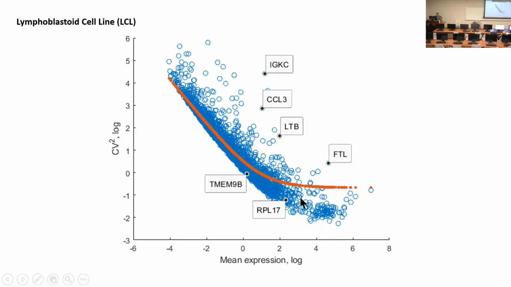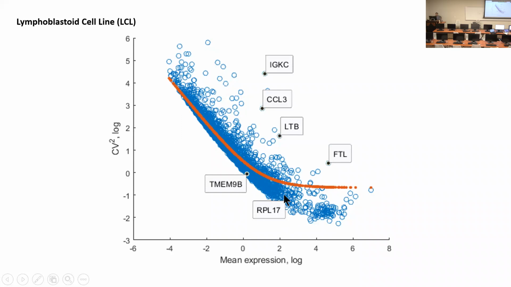It's a little bit unfair for highly expressed genes. This regression should go across the cloud, but anyway, genes way above this curve have variability much higher than expected, because your expected variability level, CV, should be on this regression curve.